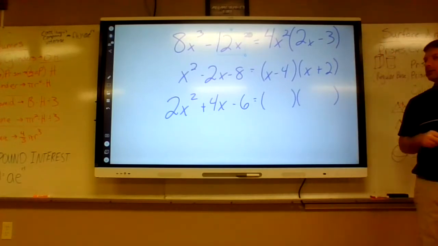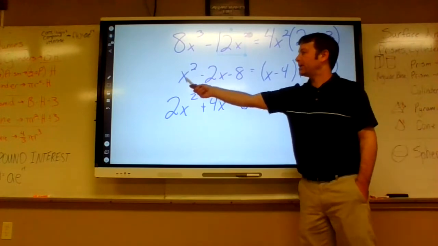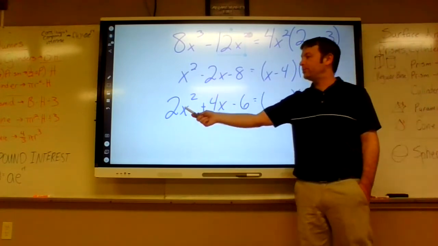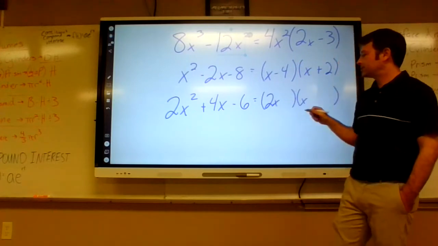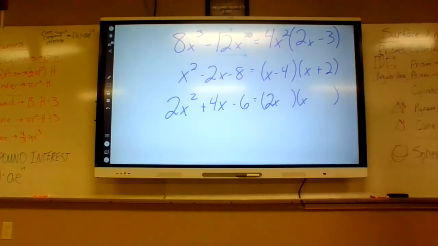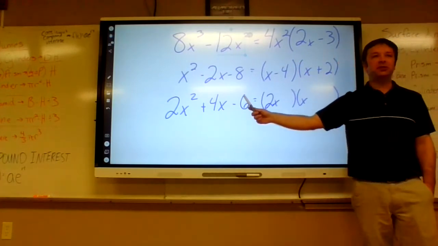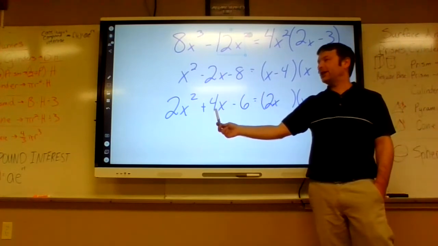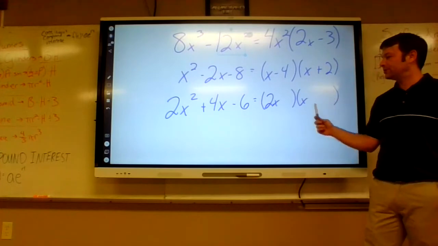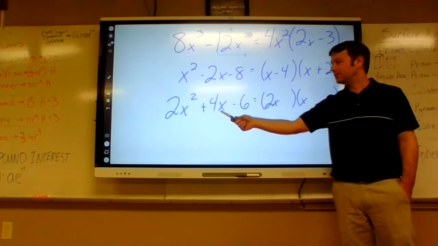Instead of just putting x times x like we did the last problem, we gotta put 2x times x. X and 2x on the front. For the back we still ask what goes into -6, but we no longer ask what adds up to 4 because we gotta do the FOIL stuff to see if that gives us the 4.